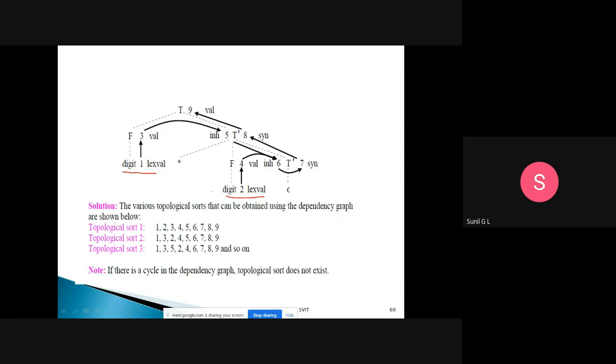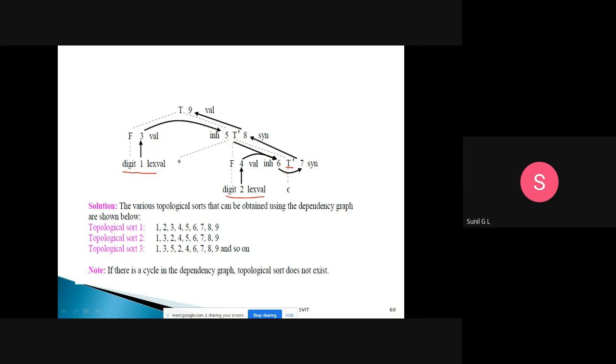Then this F value is copied to the inherited t dash. This is the 5th one. Then we multiply this t dash with star F, and that result is stored in t dash, that is the 6th.